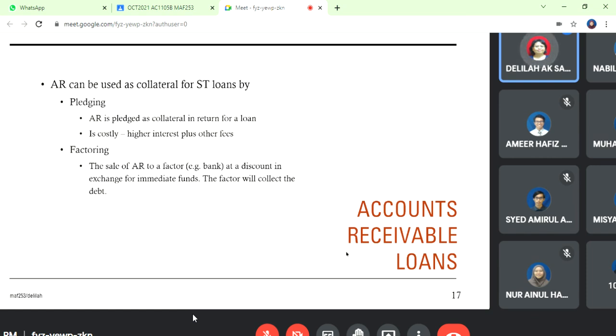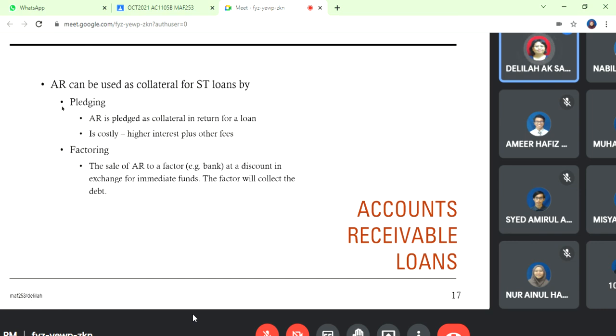For this one, accounts receivable. So for accounts receivable, you can borrow money. Kita boleh pinjam menggunakan account receivable sebagai collateral, sebagai cagaran. Ada dua cara, pledging atau factoring.